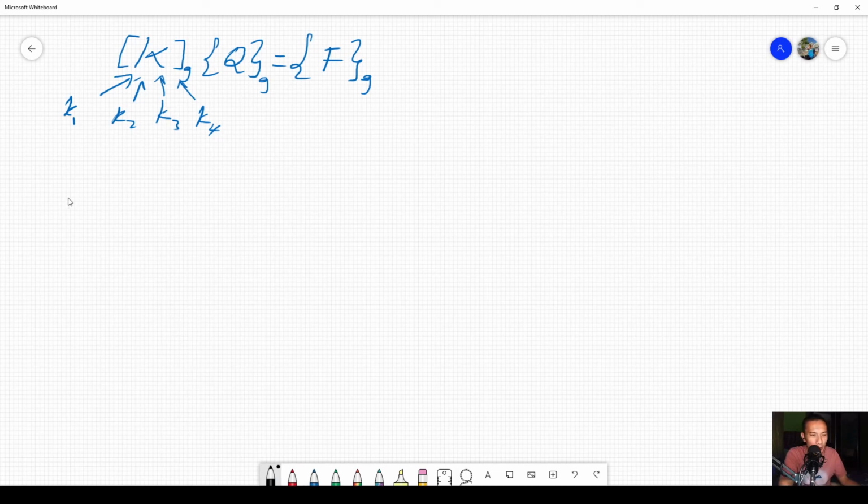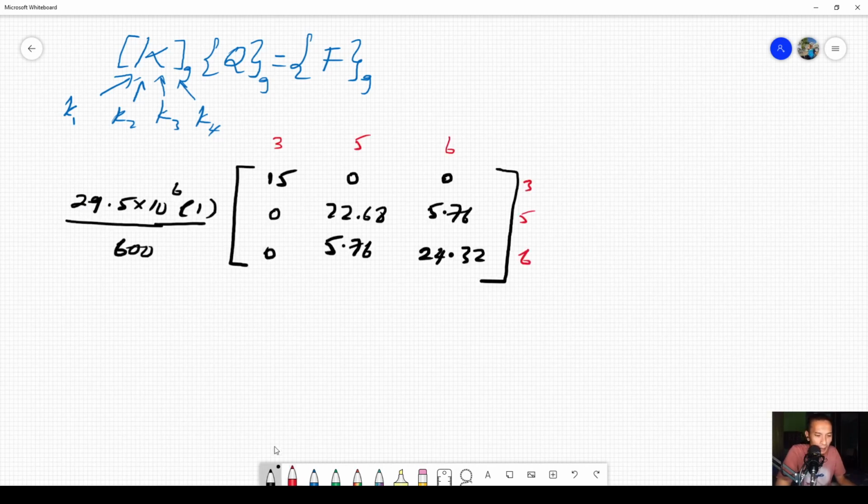So after we assemble the K for each element, and substitute the values into all the variables, we will find our global stiffness matrix, and the Q matrix will be Q3, Q5 and Q6.